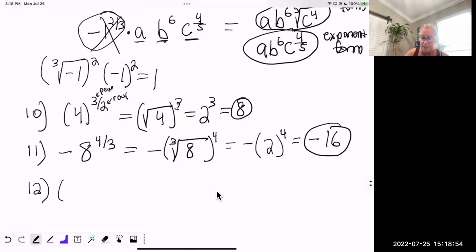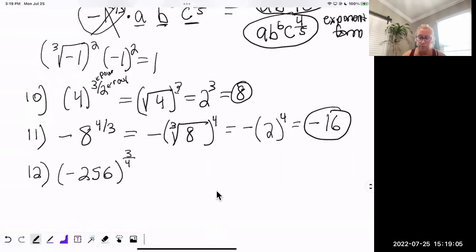Now I'm going to have parentheses, -256 all to the 3/4 power. Okay, so it's in parentheses. So we have to think of it in parentheses.